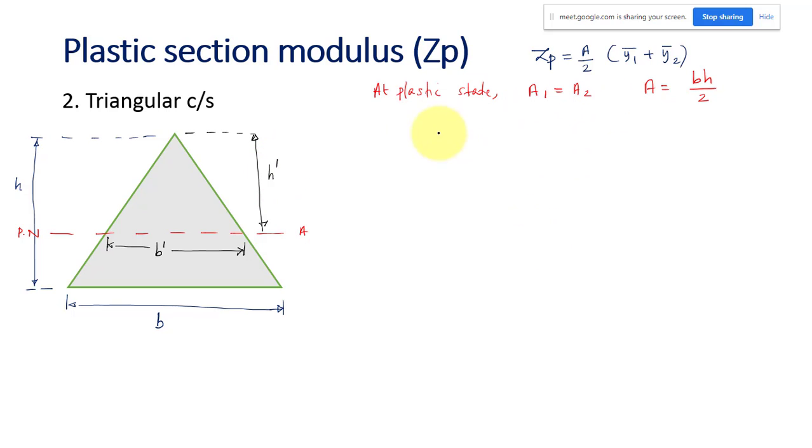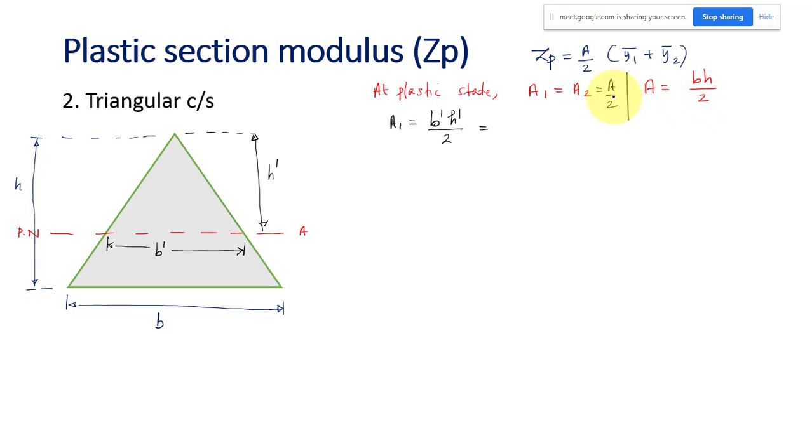Now we can write A1 equal to B dash H dash by 2. What will this area be? A1 is equal to A2, which is equal to A by 2, where A is the total area.